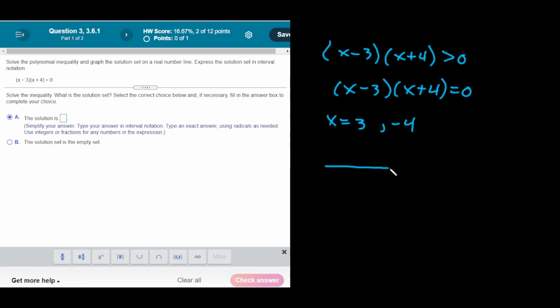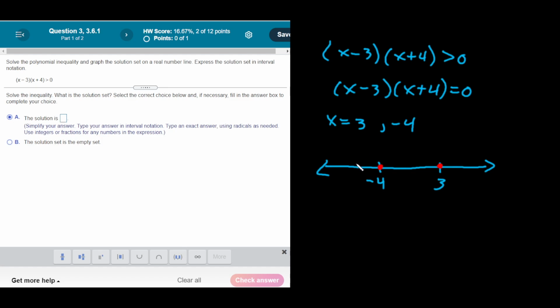And we're going to make a number line like so, and put our key players down with respect to one another. Then -4 would be somewhere over here, and the +3 would be here, right? So now we have these points here, and we're going to shade according to whatever is true.